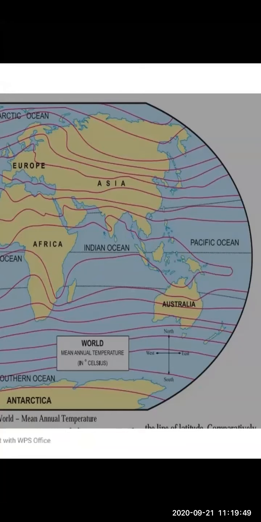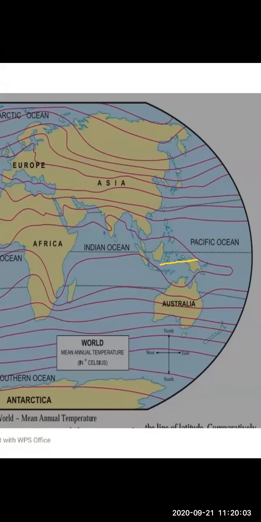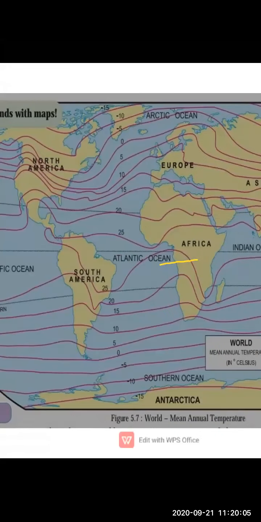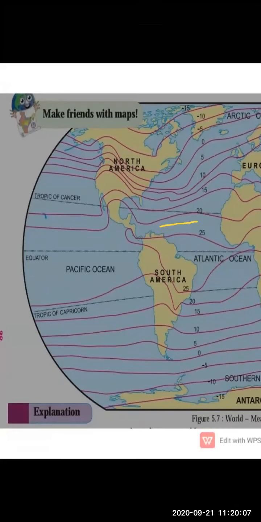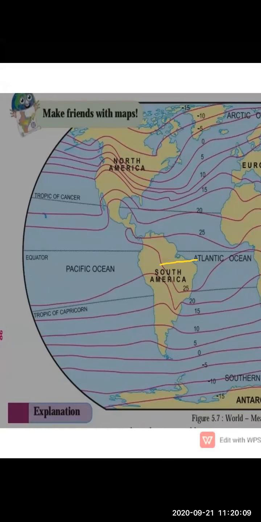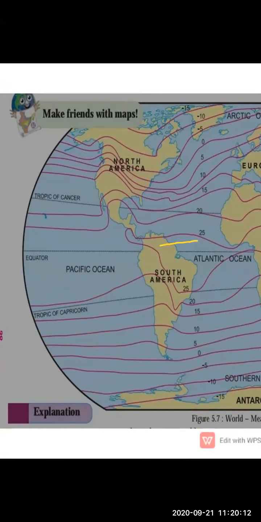You can observe it. Now, a very limited portion of the Pacific Ocean is covered by this isotherm. See, children, a very limited portion of the Pacific Ocean is occupied by this isotherm. See here also, very limited, in small quantity.